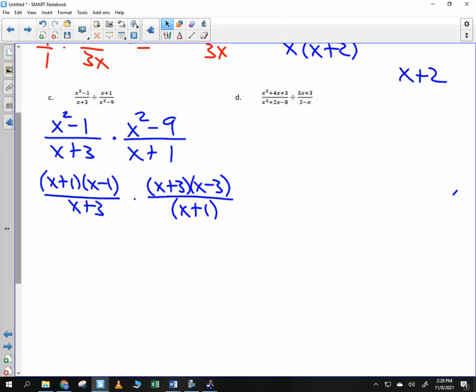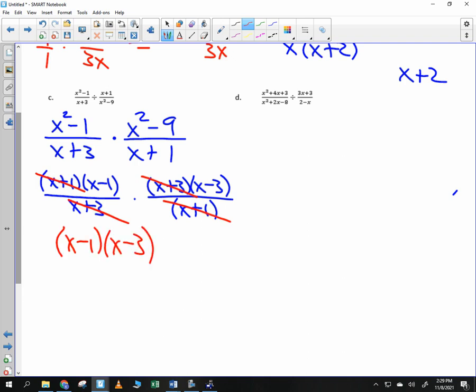What reduces to 1? X plus 1 over x plus 1. X plus 3 over x plus 3. I get x minus 1 times x minus 3. Unbelievable.